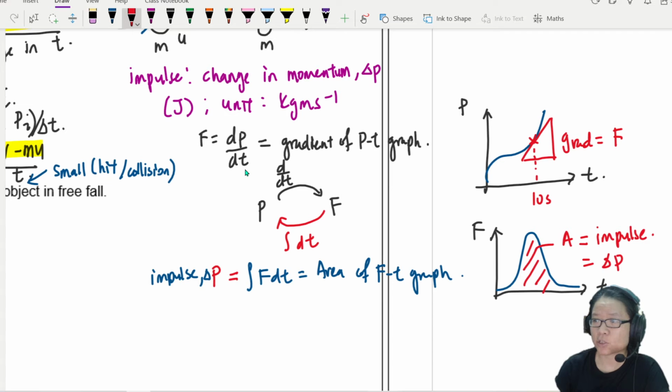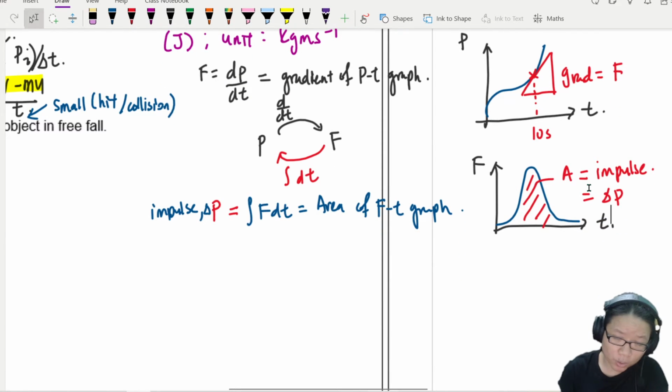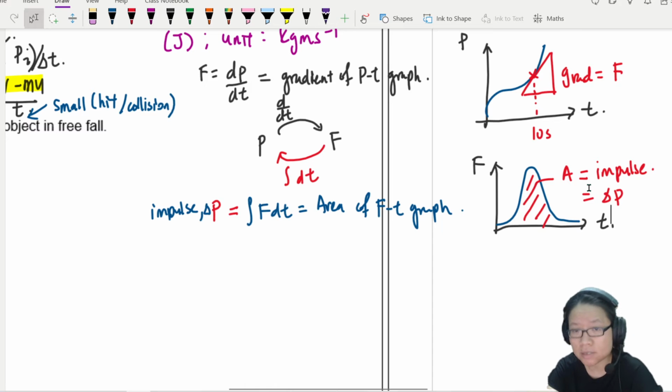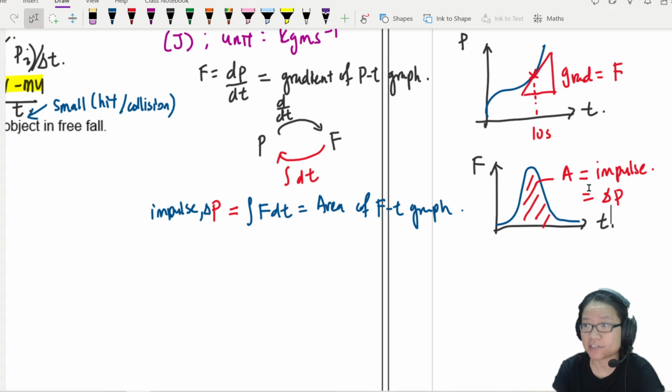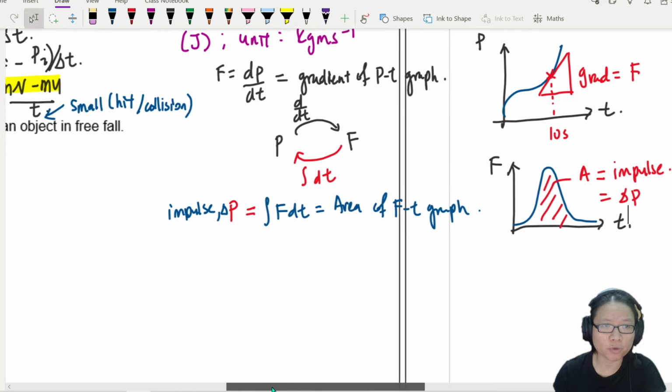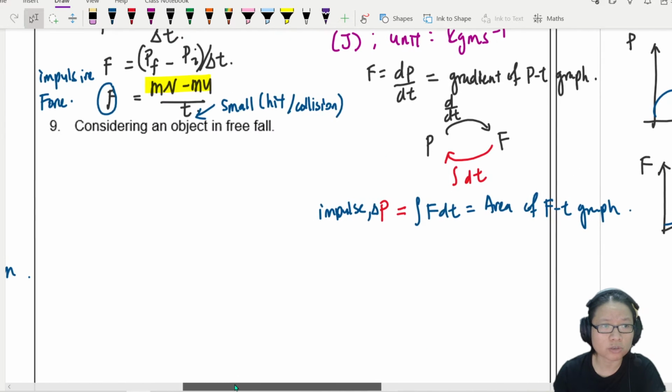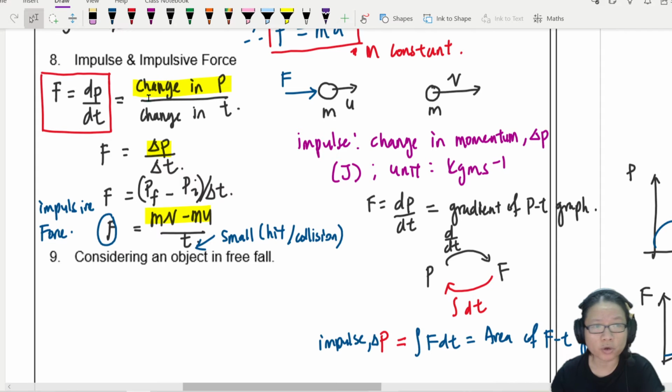So there's a two-way relationship. That's why we care about change in momentum, and we want to give it a new name called impulse, because it's the area under the F-t graph. In a nutshell, when you talk about impulse, we are talking about change in momentum over time.